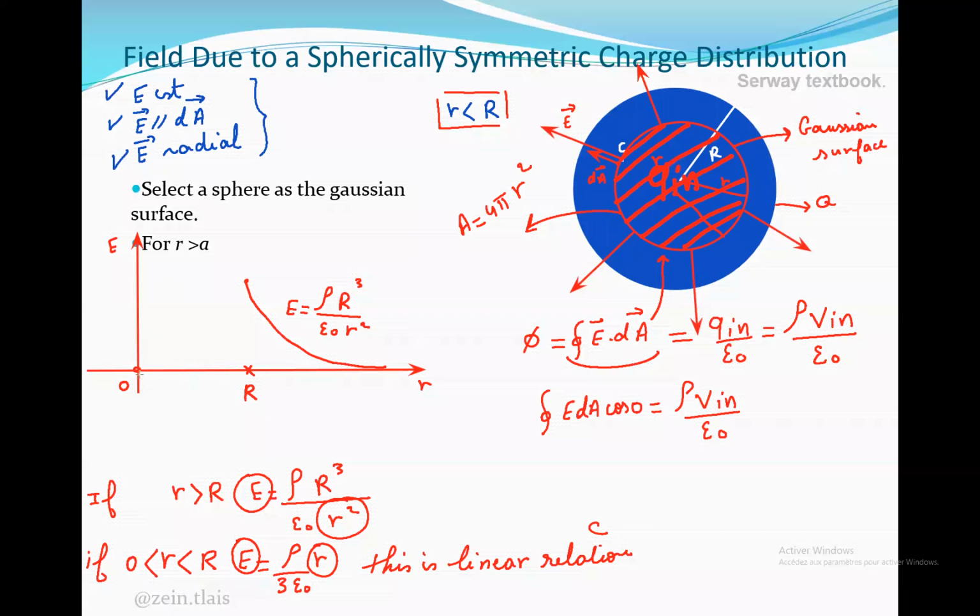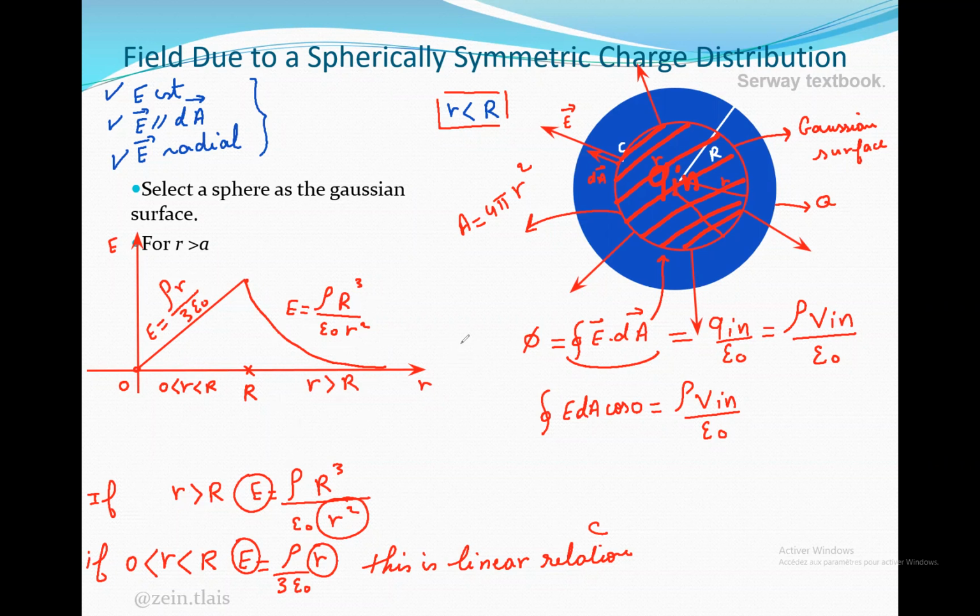So we can draw this relation here, for r less than capital R and greater than 0. The relation is linear, like this, where E equals rho r divided by 3 epsilon 0. And in the case of r greater than the capital R, we don't have a linear relation, as you see.